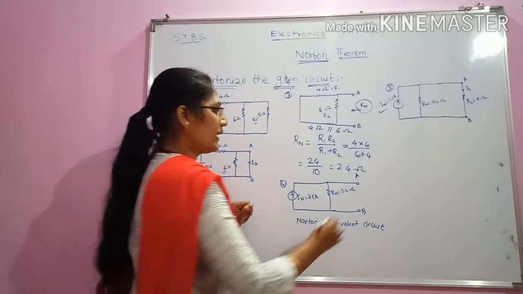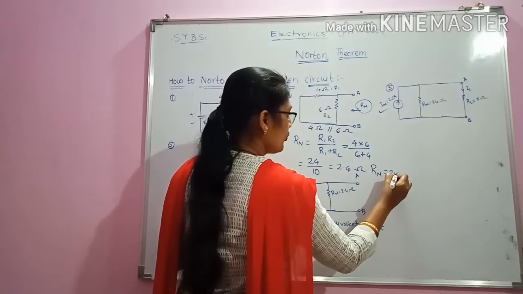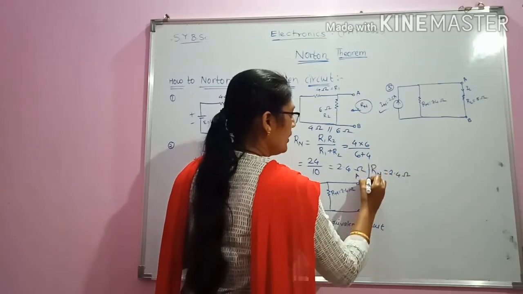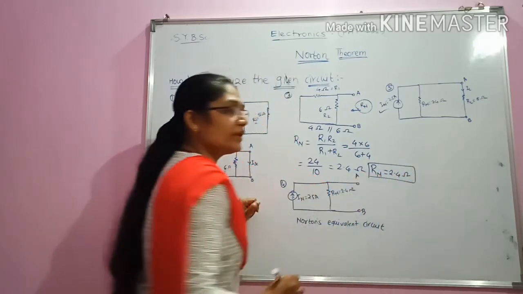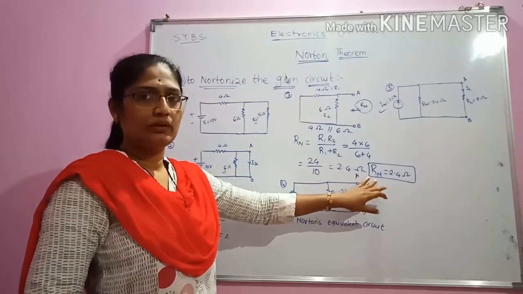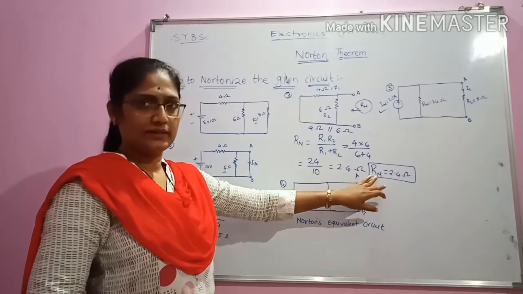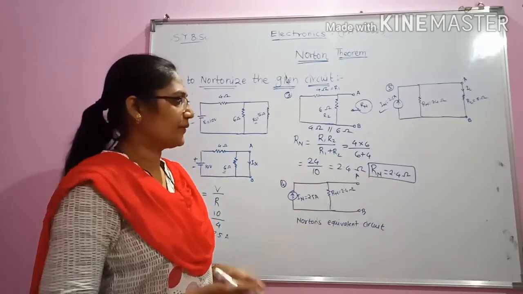It means that the Rn value we have obtained is 2.4 ohm, and this is nothing but the Norton equivalent resistance of the circuit.